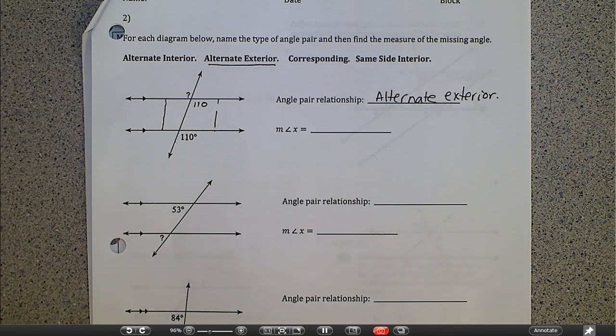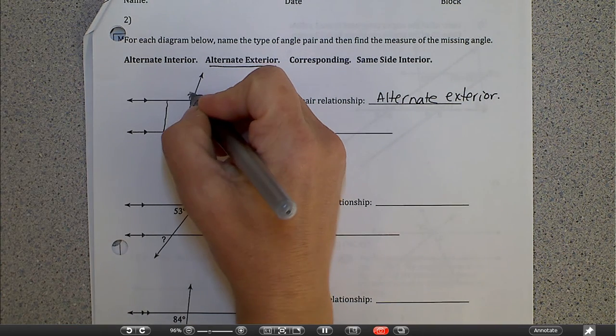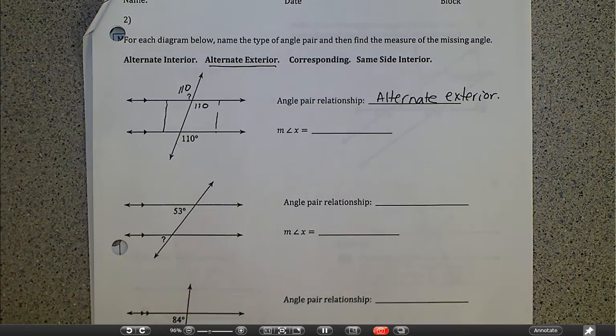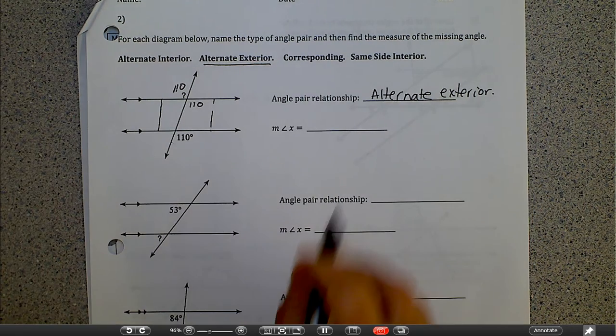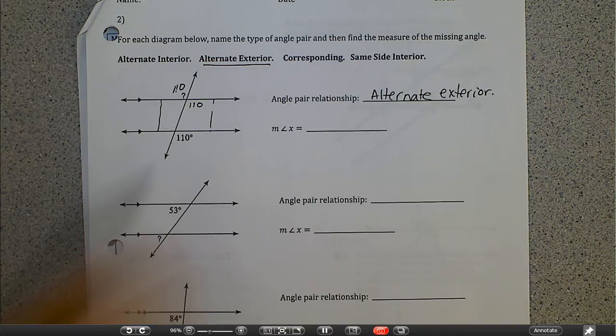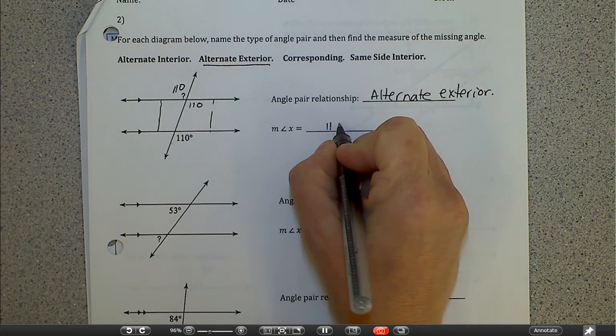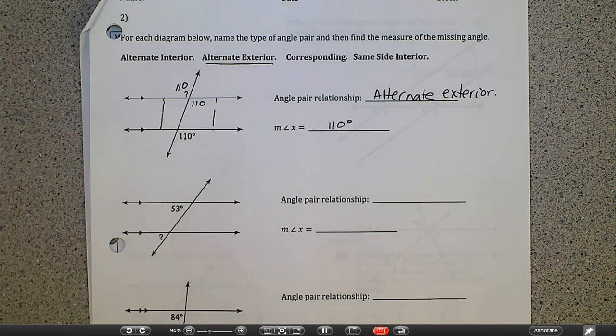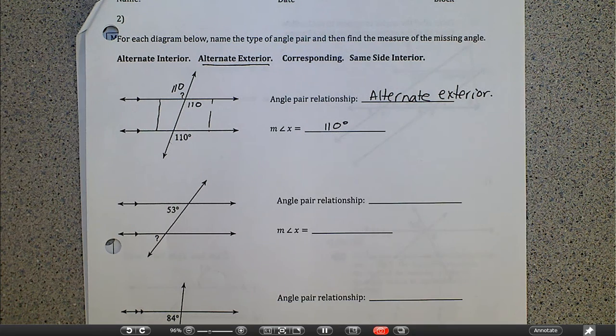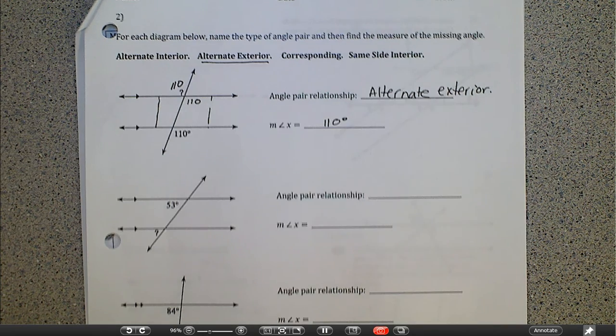Same side, they are corresponding, and so this relationship over here is 110 degrees, and we say it's alternate exterior and 110 degrees.